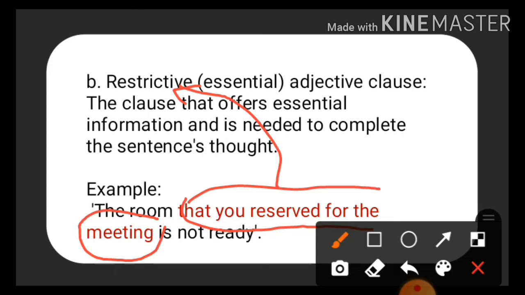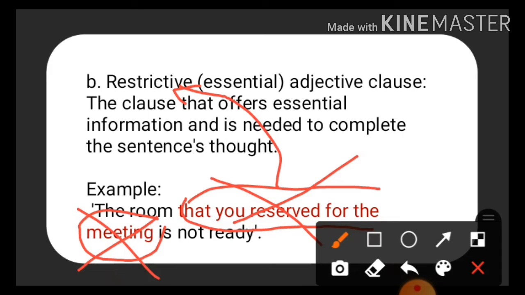Jikalau adjective clause di sini kita hilangkan atau kita hapuskan dari kalimat ini, maka nanti kalimatnya akan menjadi kalimat yang tidak lengkap. Nanti jadinya begini, the room is not ready. The room is not ready. The room yang mana? Kita tidak tahu. Ruangan yang mana yang tidak siap digunakan.